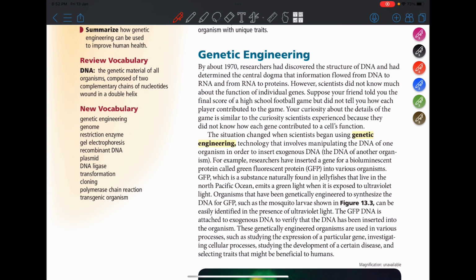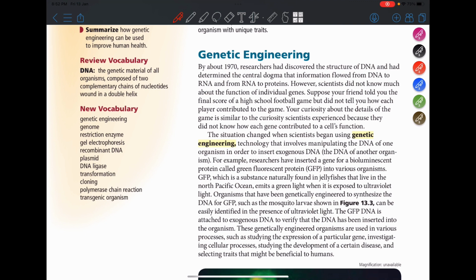Scientists knew that, but they didn't know about the function of individual genes. An example would be if your friend told you that the high school team scored high in a football game, but they didn't tell you how each player contributed or what each player did to get that win.